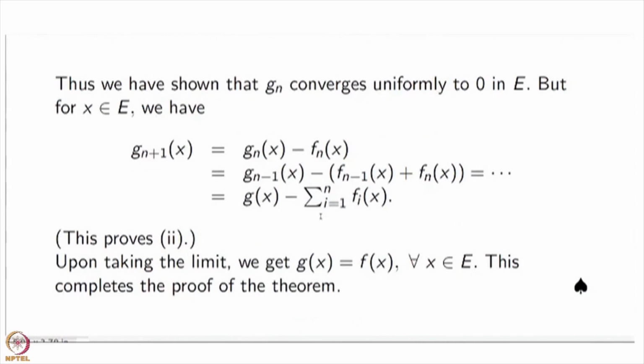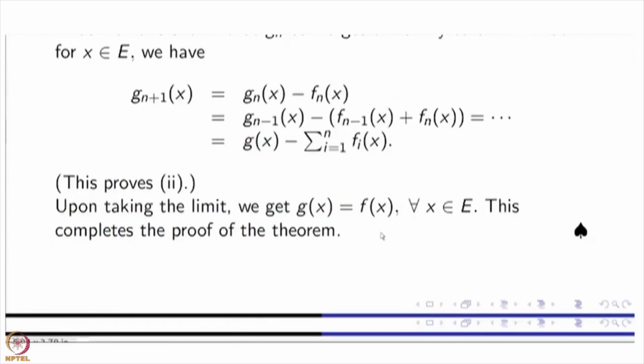So the norm of g of x minus f of x is 0, which just means that g of x equals f of x. So this is all happening for every x inside T. So that completes the proof of Tietze's theorem. So let me make a few comments here.